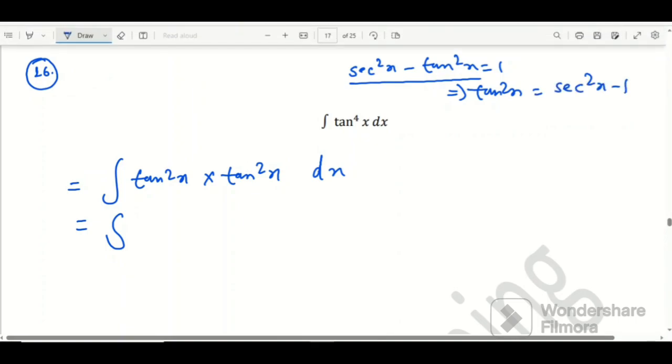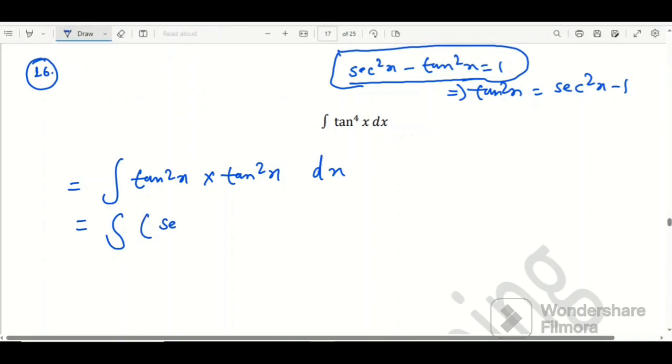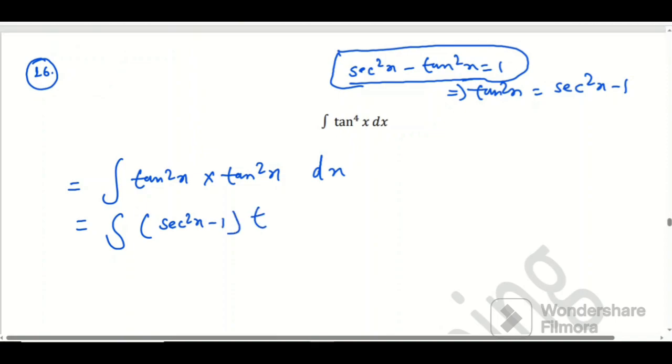Basically, whenever tan square is there in integration, or anything related to tan to even power or odd power, try to just see this identity once. You might be able to solve it. So we are using the same identity. So tan square x will be sec square x minus 1.